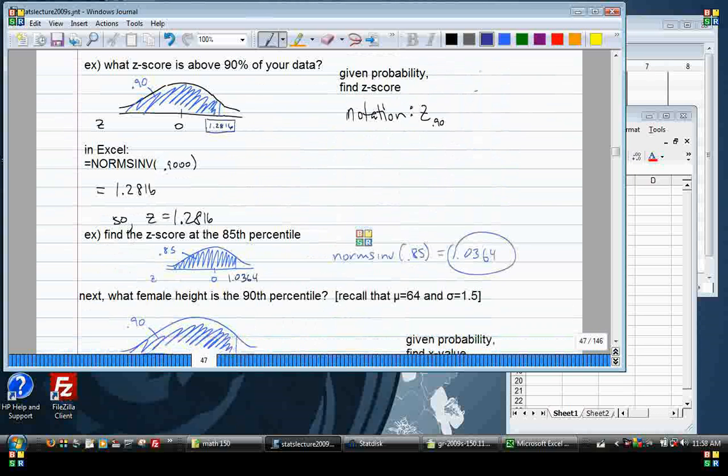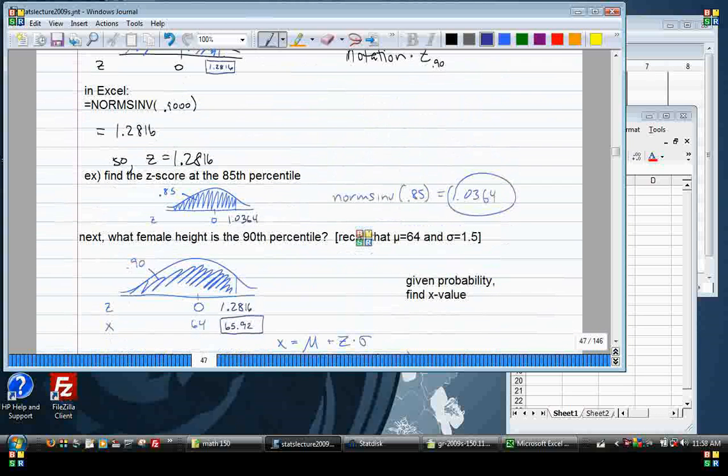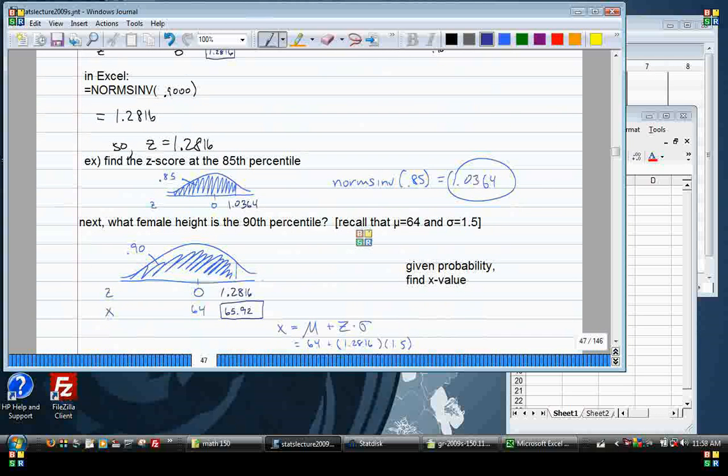So that one said the 90th percentile for z, and this one said what is the 90th percentile for female heights. But to find the z, we're still finding the z for 90%. So it's the exact same thing. So the z-score is 1.2816. We can do it again, but it's the same thing.